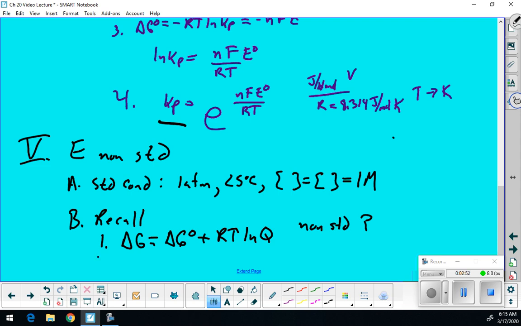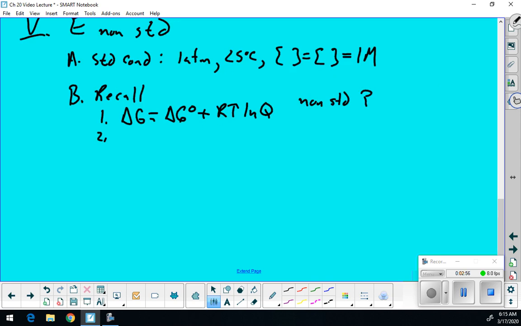So then let's go ahead and make the substitution. We said that delta G is equal to negative NFE. So that would mean delta G prime is negative NFE prime plus RT natural log of Q, right?